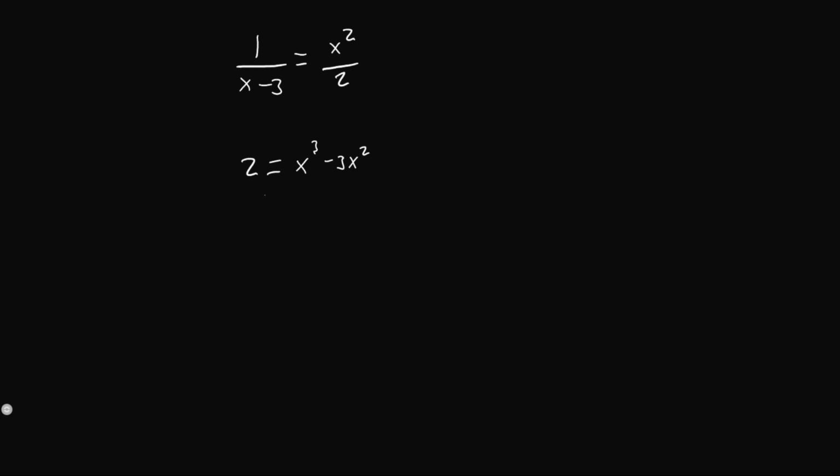And if we go ahead and move 2 to the left, we're going to get x cubed minus 3x squared minus 2. We're basically going to see that we have a cubic.